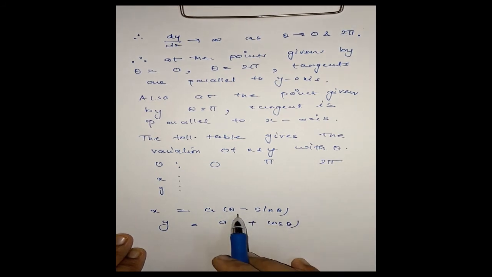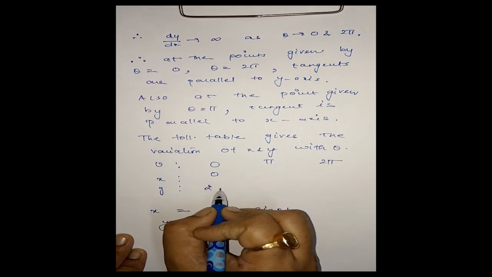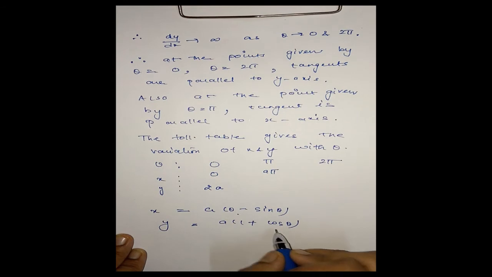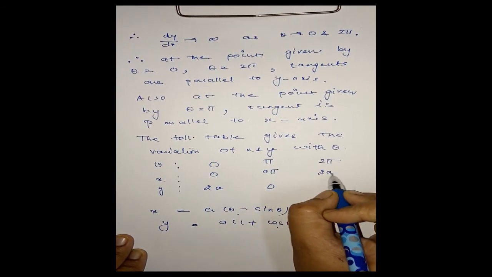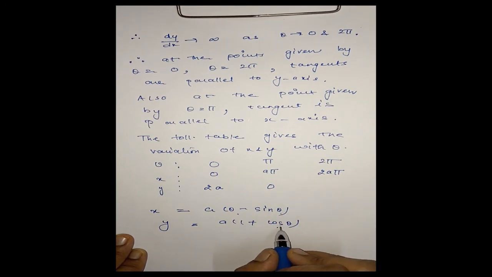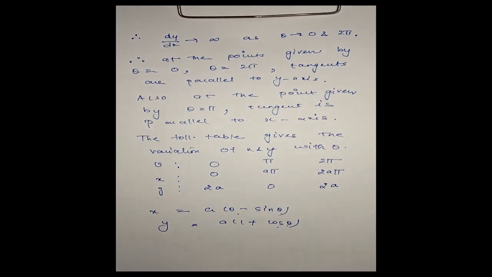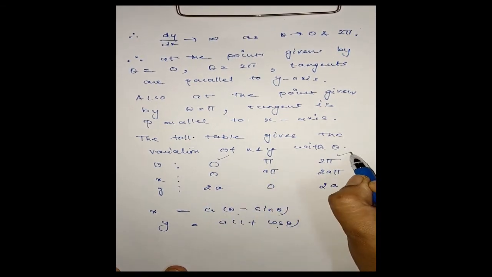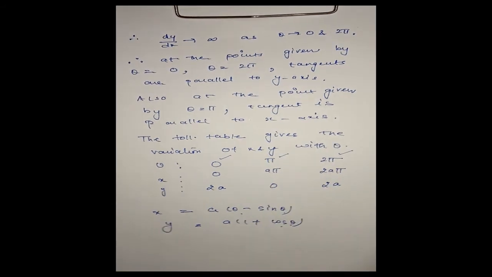When my theta is 0, x is 0, and cos 0 is 1, that means y is 2a. Sine pi is 0, x is a pi. Cos pi is minus 1, that means y is 0. At 2 pi, x is 2a pi, and cos is 1, that means y is 2a. Okay, and at these 2 points 0 and 2 pi, tangents are parallel to y-axis, and at this point tangent is parallel to x-axis. Now let us plot the graph.